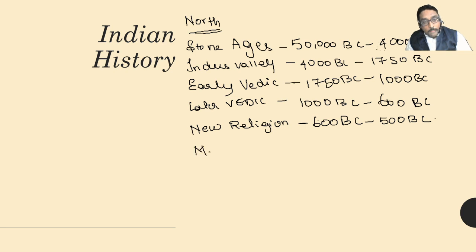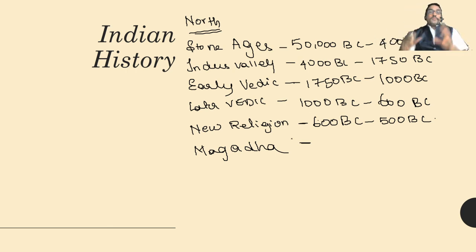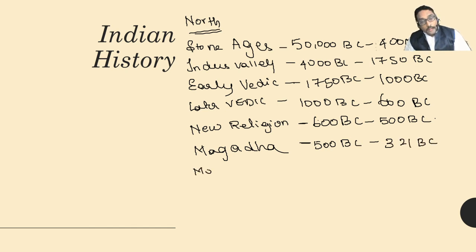Then Magadha. Magadha is the era of the first establishment of urbanization. You can say second wave of urbanization or establishment of kingdoms. This is from 500 BC to approximately 321 BC. Maurya, 321 BC to 185 BC.